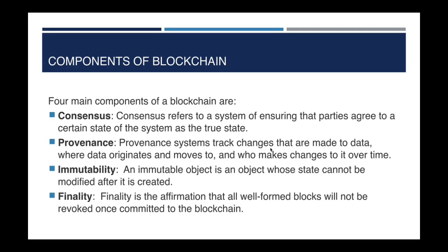Provenance tracks changes that are made to data, where data originates and moves to, and who makes changes over it. Immutability: an immutable object is an object whose state cannot be modified after it is created. Finality is an affirmation that all well-formed blocks will not be revoked once committed to the blockchain.